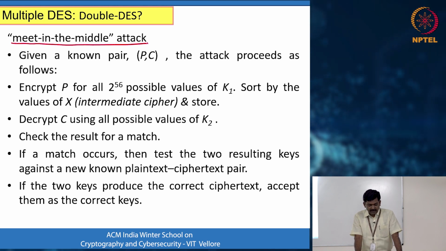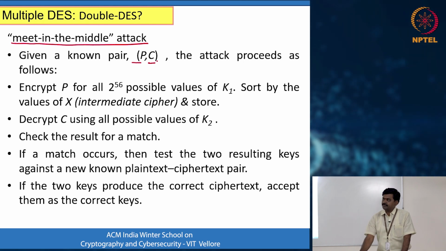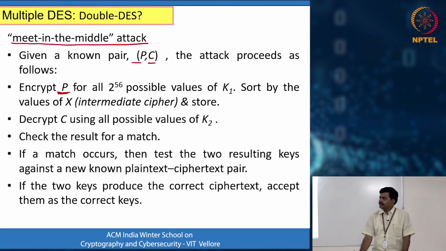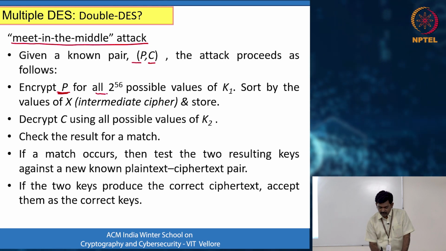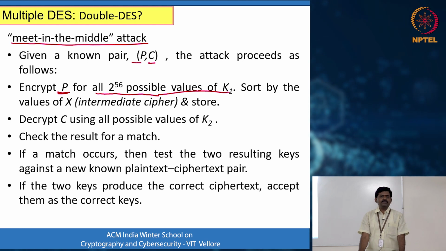What is the meet in the middle attack? Given a pair, which is the plain text and the ciphertext, the attack goes this way. First, the attacker takes the plain text and performs a brute force attack with all 2 power 56 possible combinations of key K1.